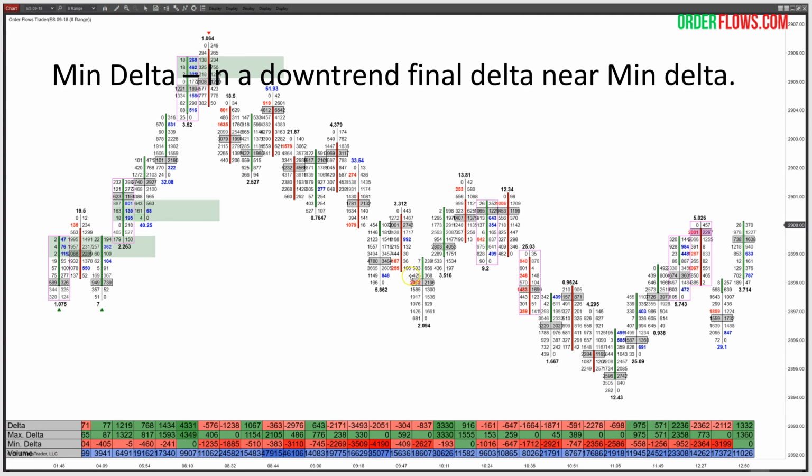Now, again, in a downtrend, you're going to see the final delta basically ending up near where the min delta was, and as it starts to come off, you can see here we're sort of going a little sideways. This is where the big push lower is.